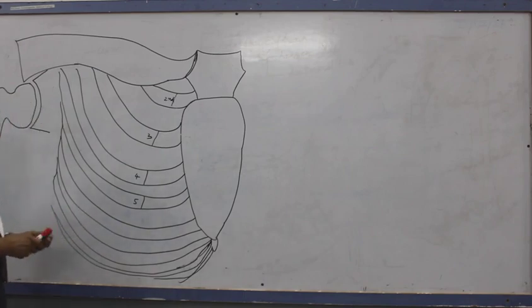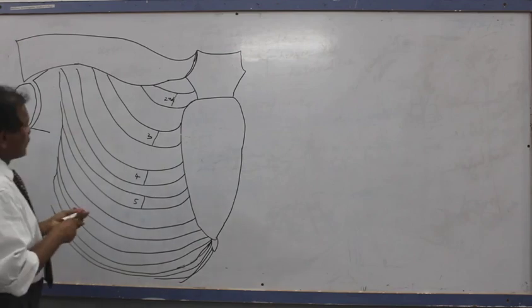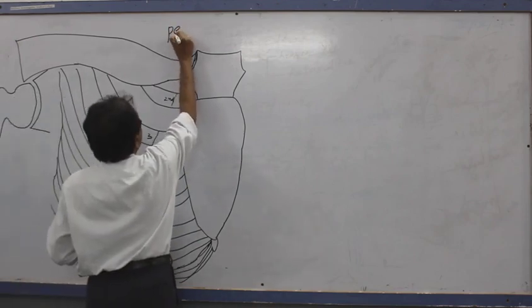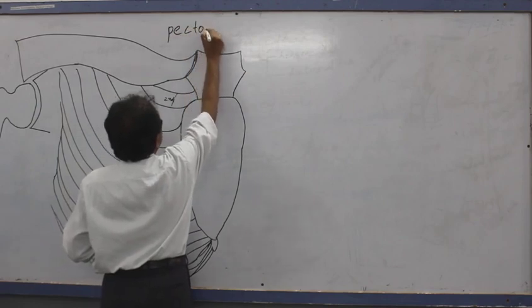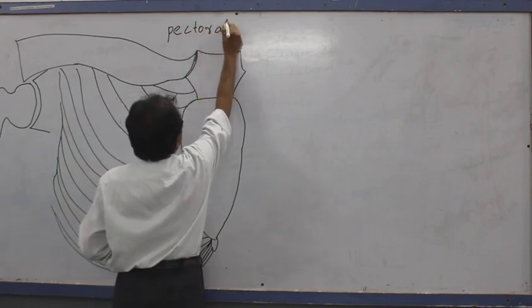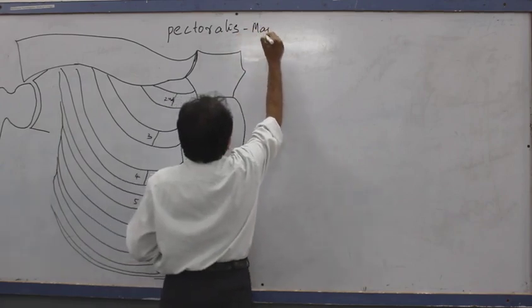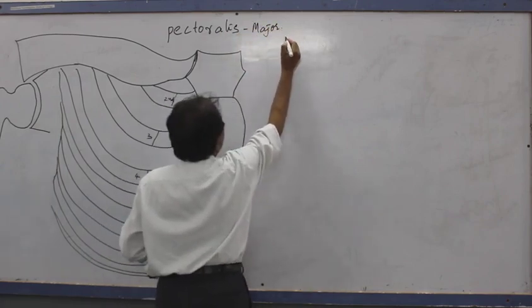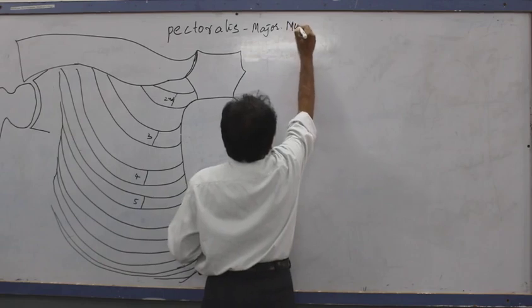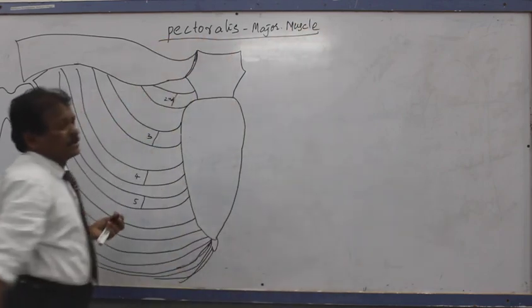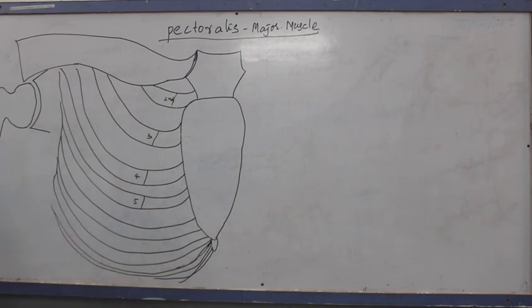So here what happens? This pectoralis major muscle. Our topic is the pectoralis major muscle. This pectoralis major muscle lies in the pectoral region.